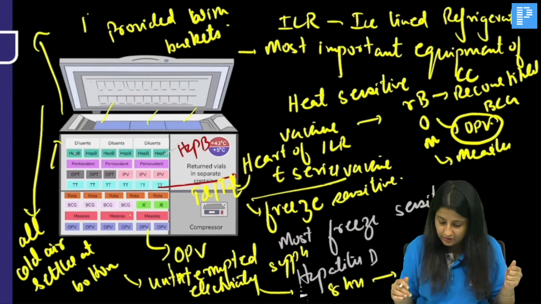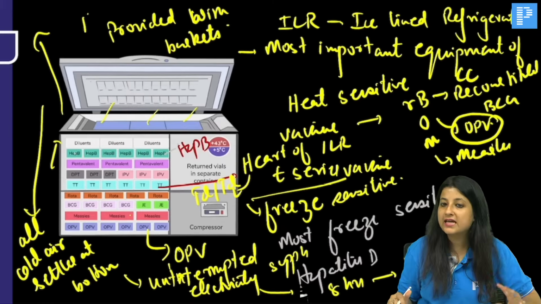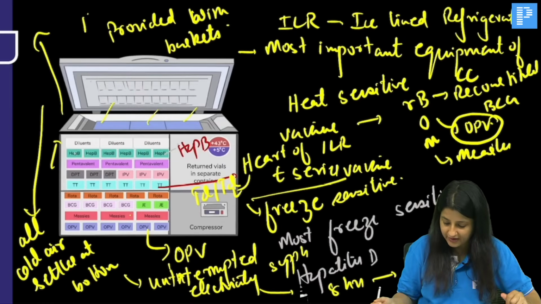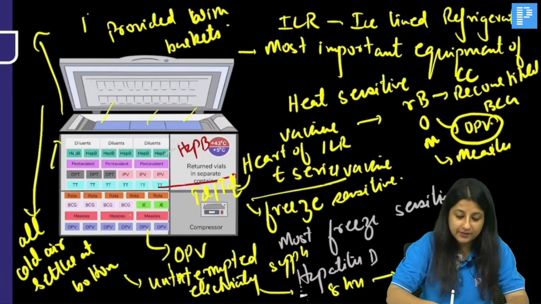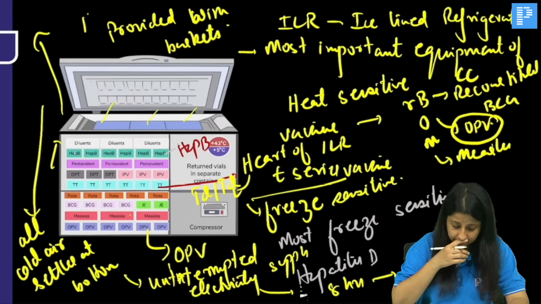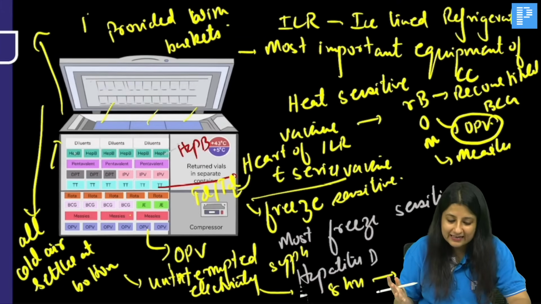Now, how do you monitor the temperature of ILR? What is the equipment used to monitor the temperature of ILRs, guys? We have certain equipments. Orange one is rota. You don't have to remember everything.